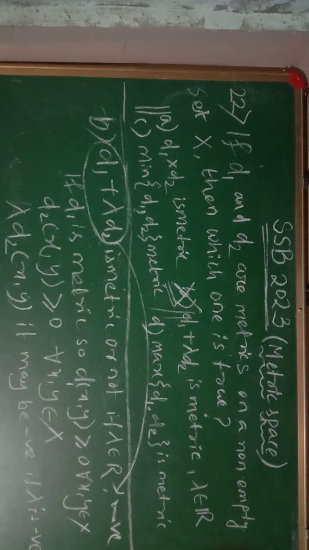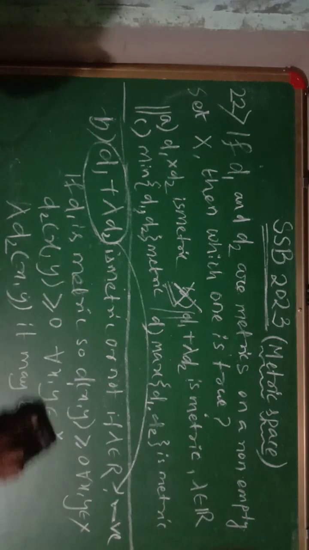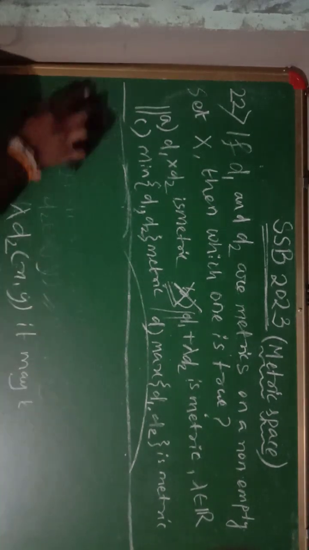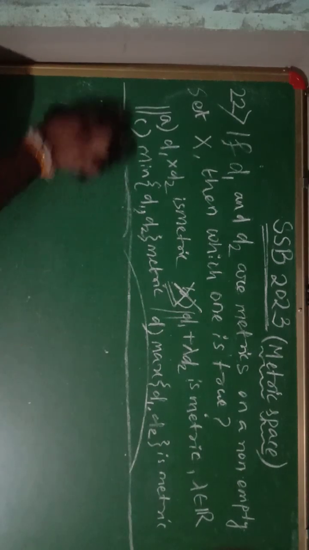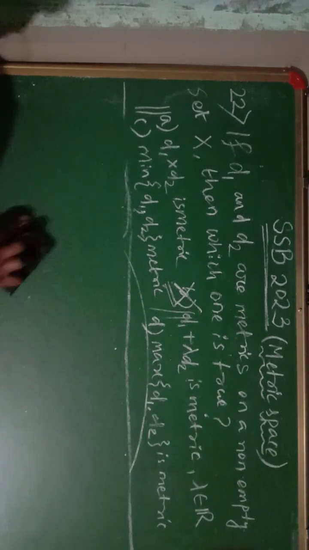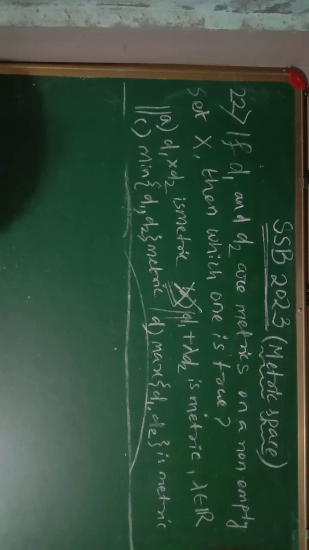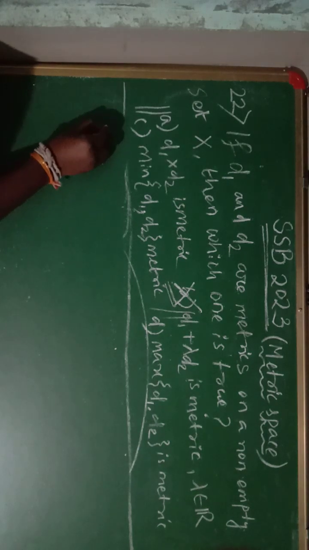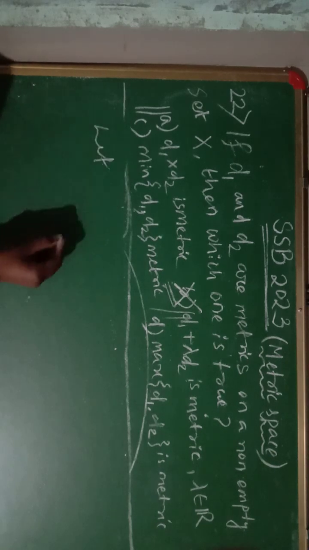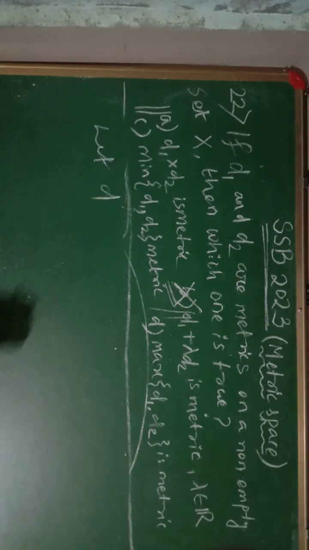Next we have to verify whether the product of two metrics is a metric or not. We have to verify option A now. Let D be a metric.